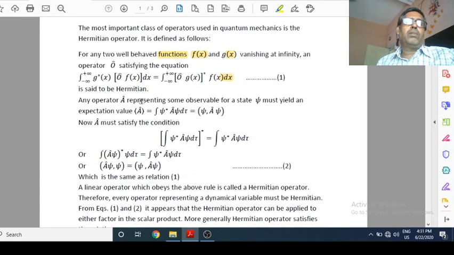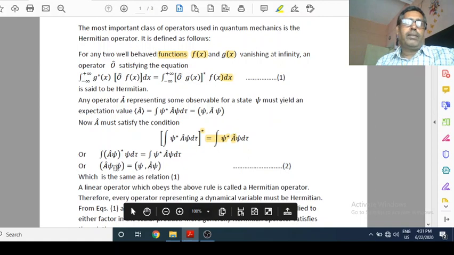Suppose we have an operator A cap or A hat representing some observable. For a state psi, it must yield the expectation value of A cap equal to this one. Now, operator A must satisfy this condition. And we can write this equation as A operator psi, comma, psi, and here the position has been changed.